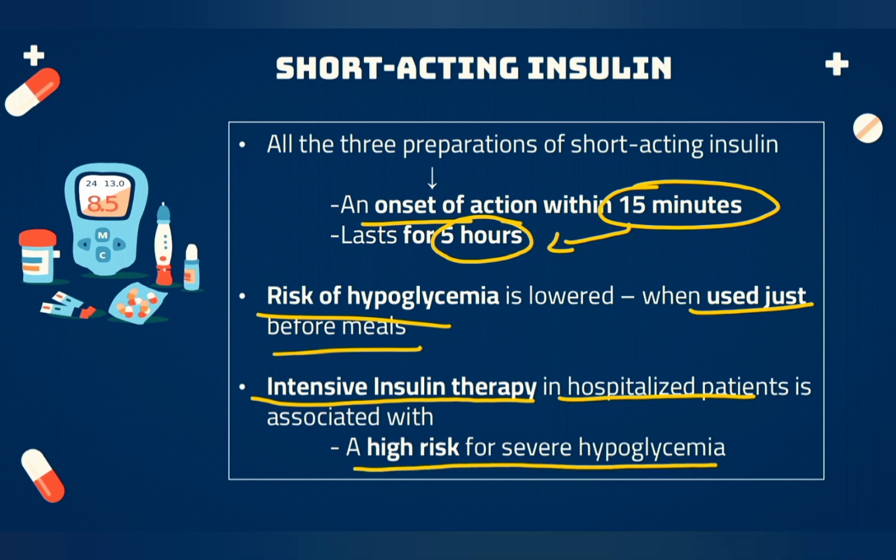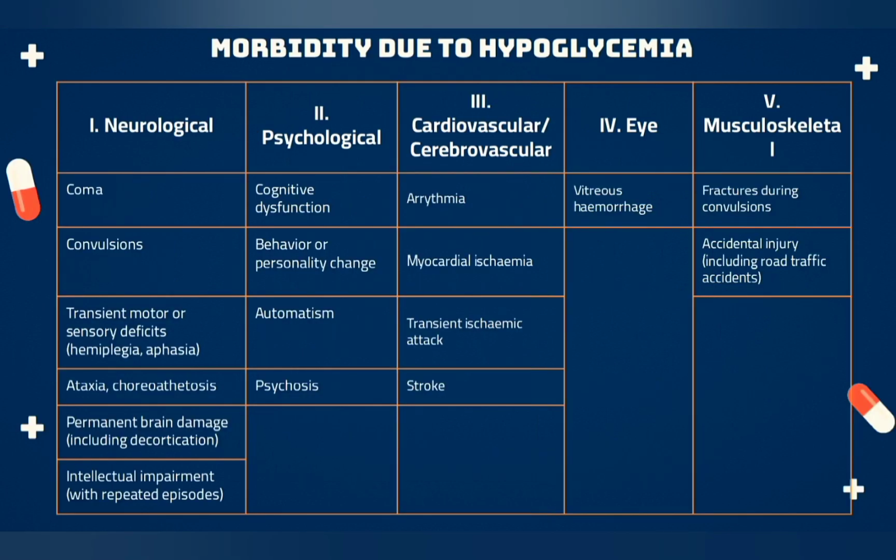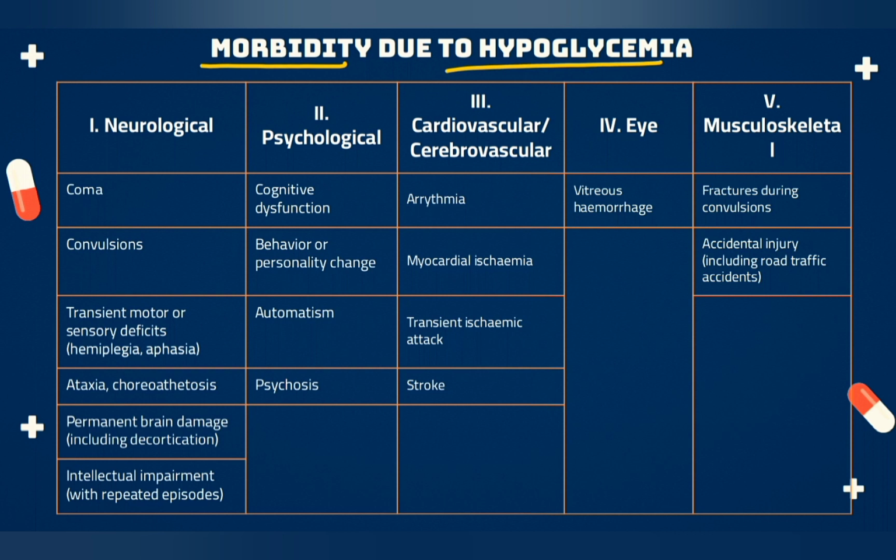Now let's discuss the morbidity due to hypoglycemia. The morbidity of hypoglycemia can be divided broadly into 5 categories: the neurological, psychological, cardiovascular or cerebrovascular, the eye morbidities, and the musculoskeletal morbidities.